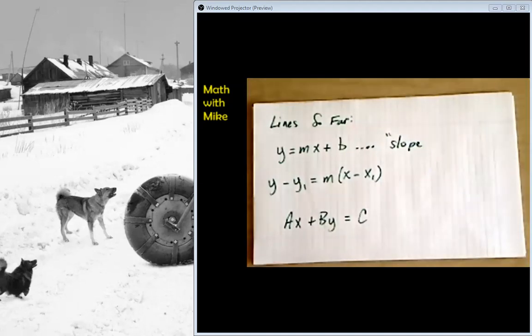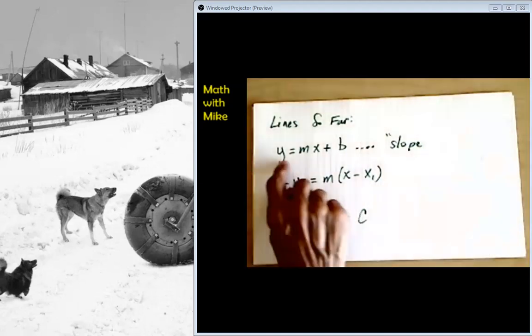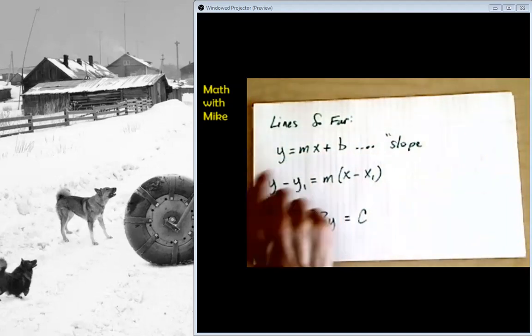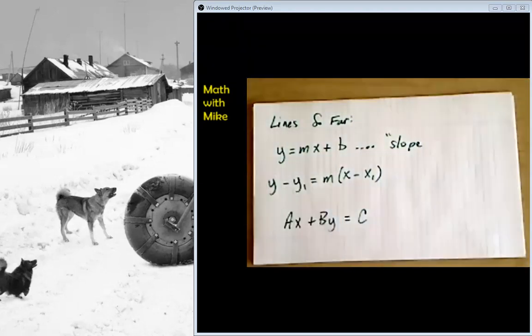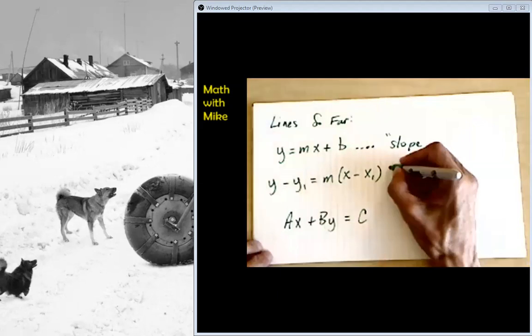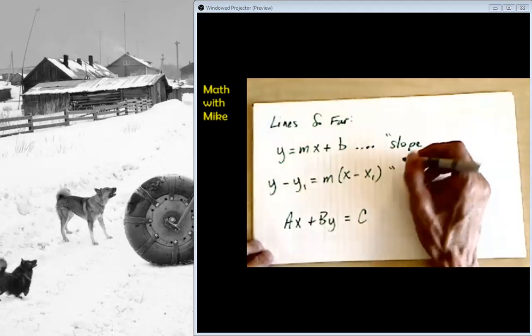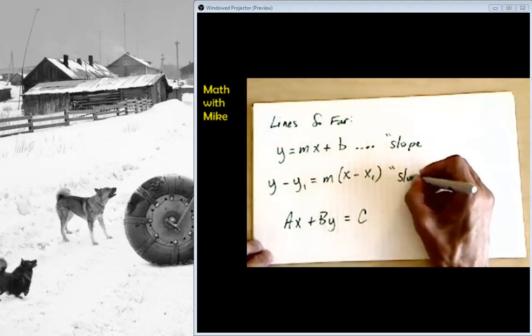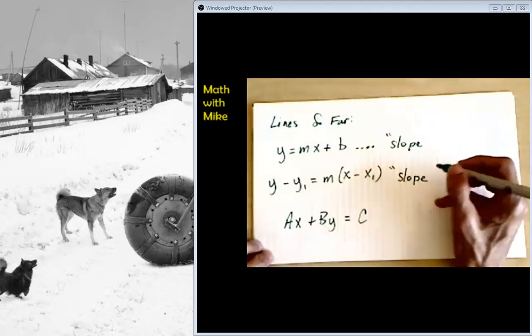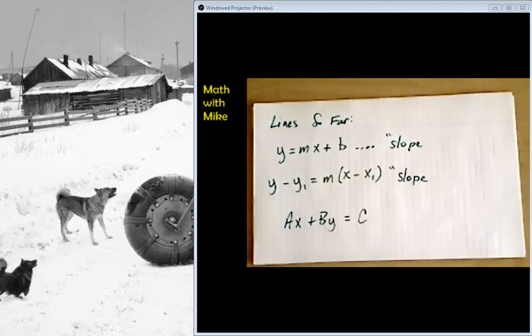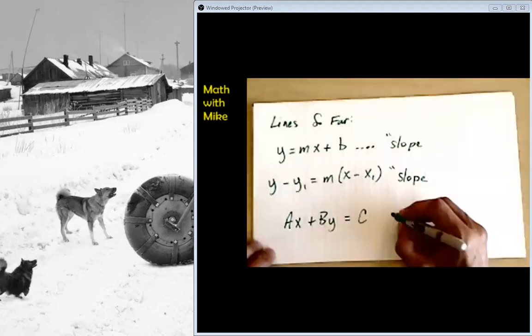What's the name of this style here? This next one also has slope in it. That was from yesterday. Do you remember that one? What's that one called? Okay, well, this last one here is general form.